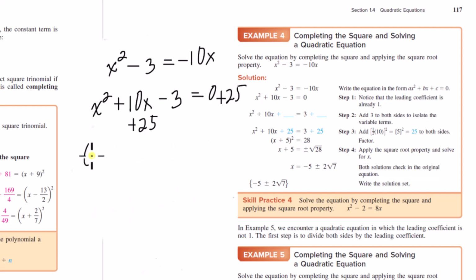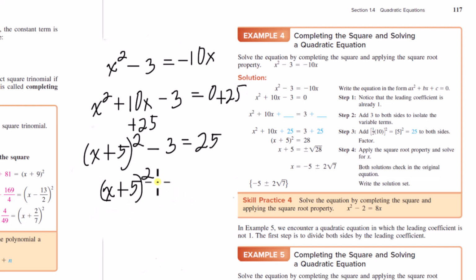And so what we get is this x squared plus 10x plus 25 is x plus 5 squared. And then we're left with minus 3 is equal to 25. So x plus 5 squared is equal to 28.